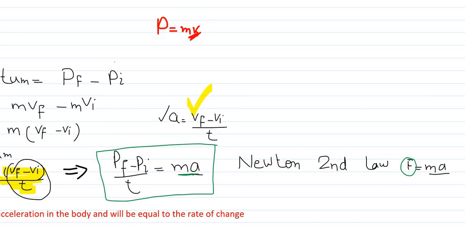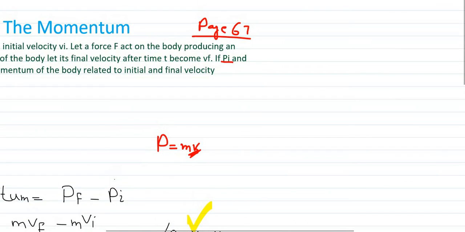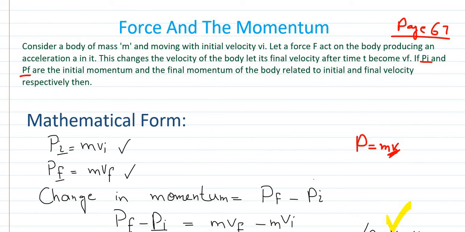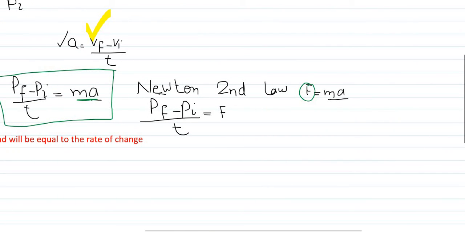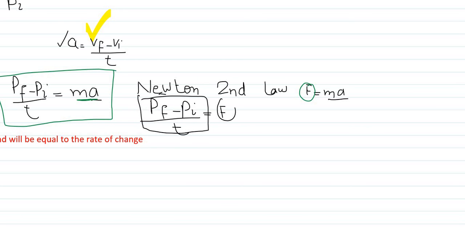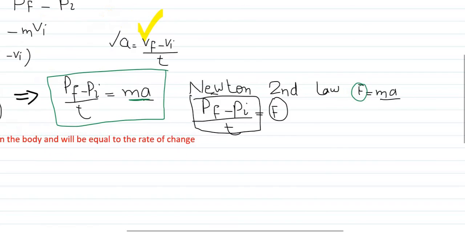So I get Pf minus Pi divided by t is equal to F. So this is the relation between force and momentum. From the topic we want to find the relation between force and momentum. This is momentum on the left side, and there is a force on the right side. So this is the required relation of force and momentum.